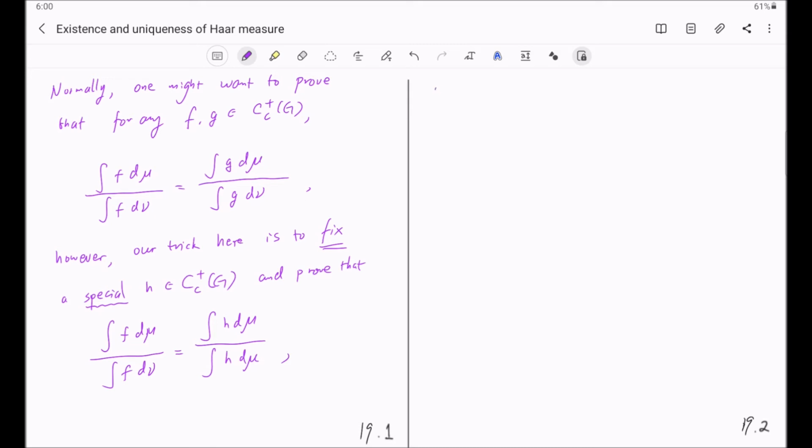Or you can write this into a product by making the cross multiplication. This equation is so important, we give it a name, we give it the star.